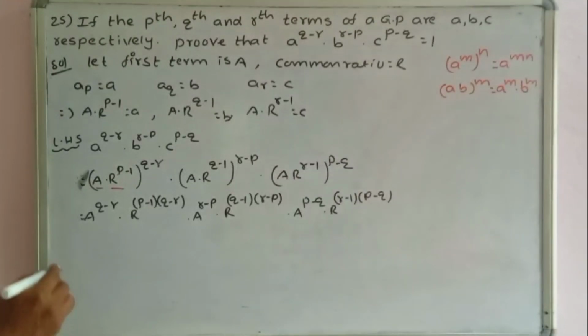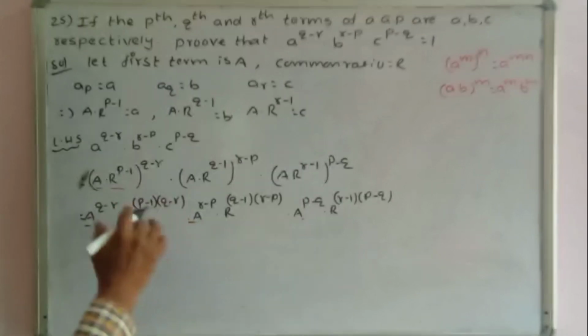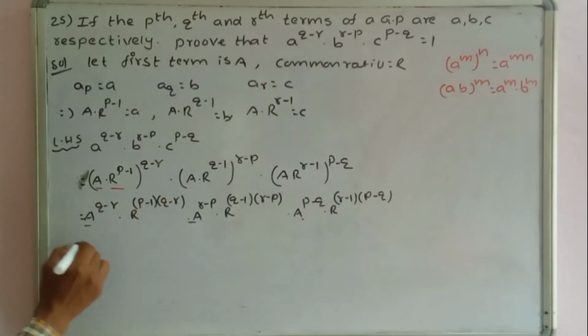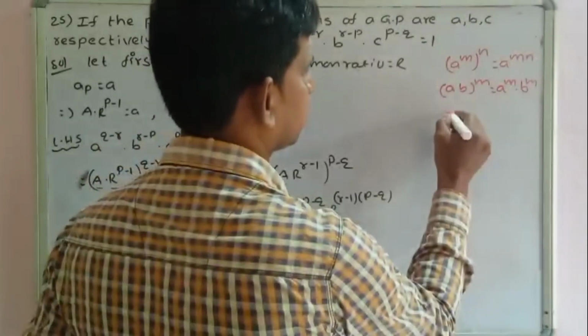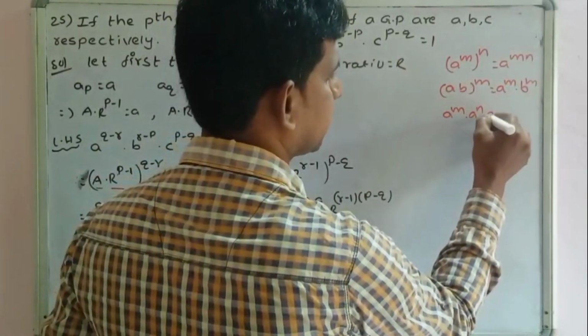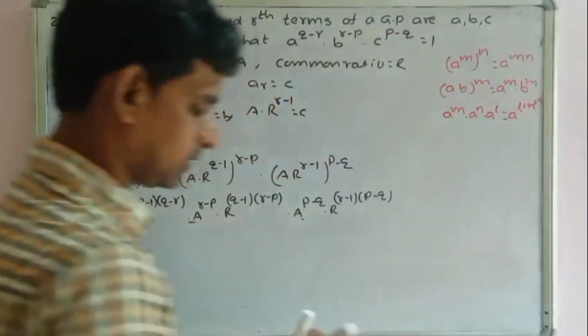Now see, here the 3 A's are there, so bases are same. Bases are same means exponents are added. The formula is A power m into A power n into A power L equals A power L plus m plus n.